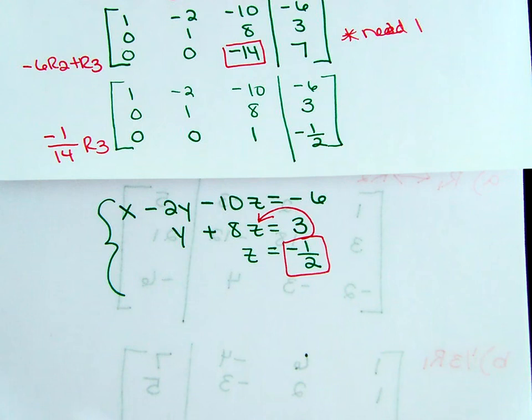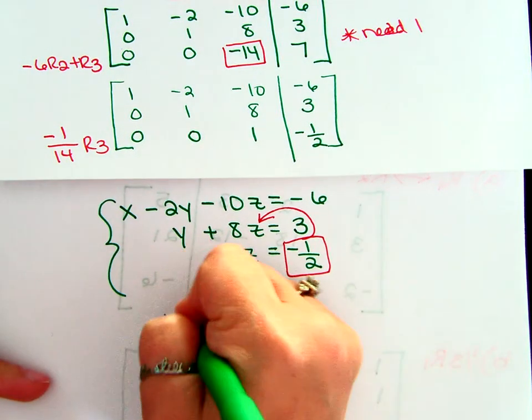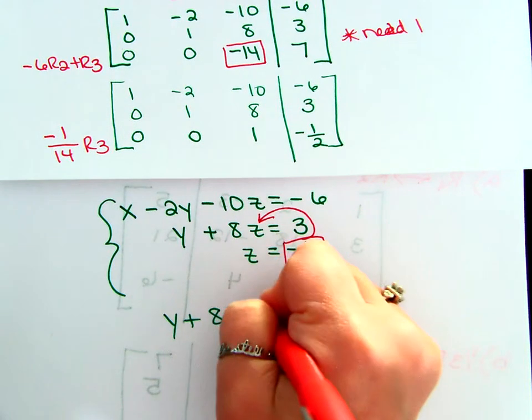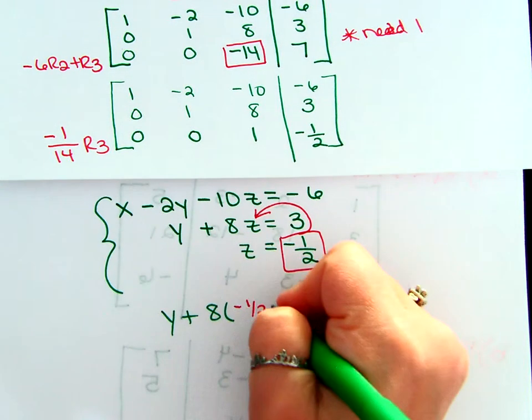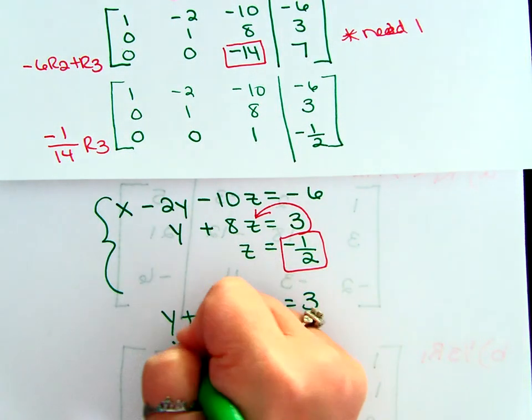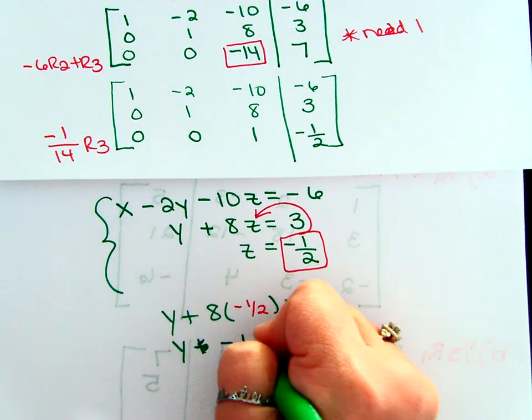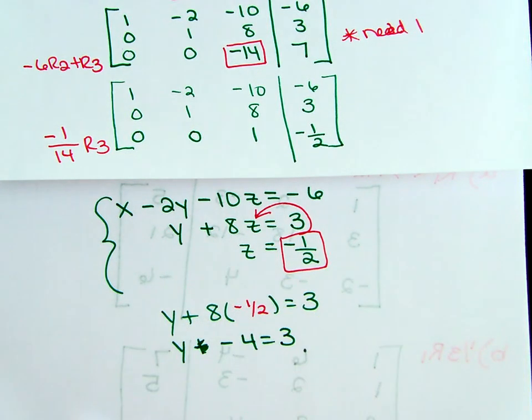Because y plus 8 times z, well, z is negative 1/2, equals 3. So y plus, or I guess that'd be minus 4 equals 3. Y equals 7.